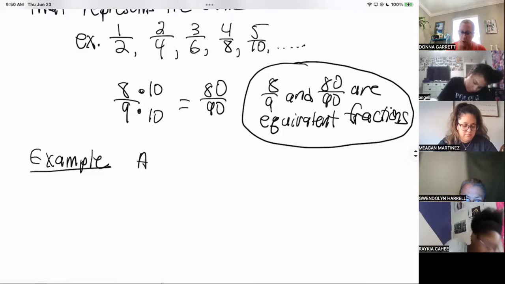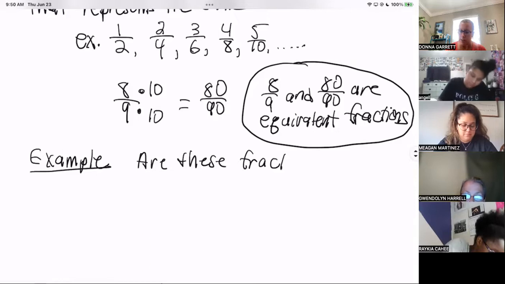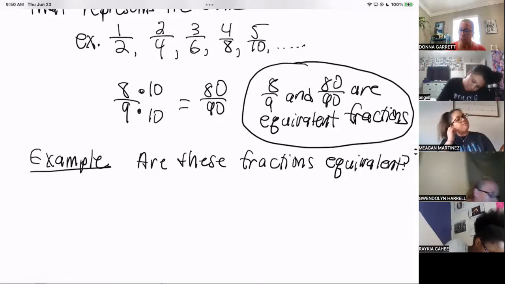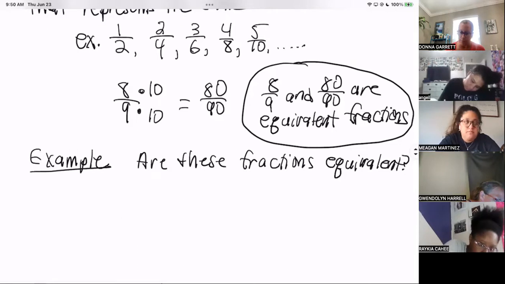So are these fractions equivalent? That's what you're going to be asked. Are these fractions equivalent? And I'm going to put two fractions down, which is sort of funny. Same one I just wrote. Hold on.